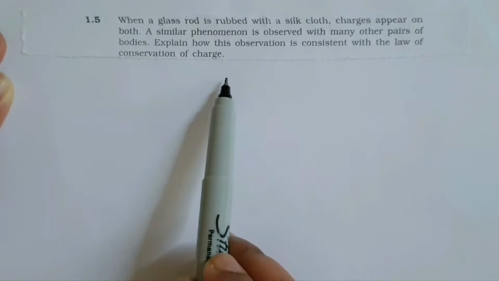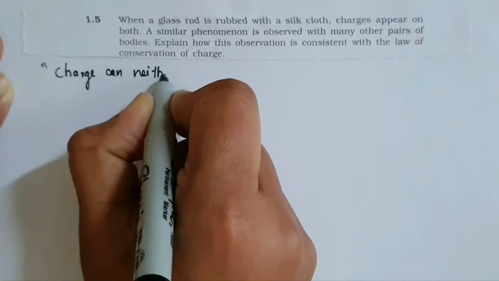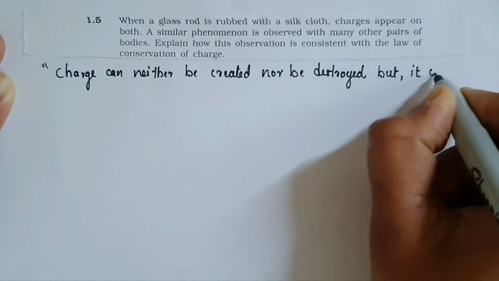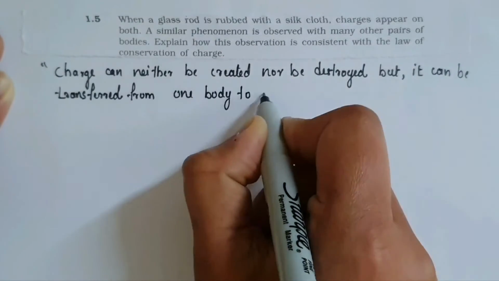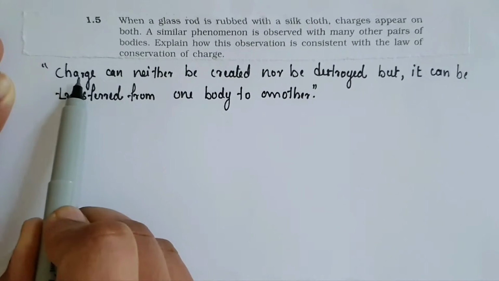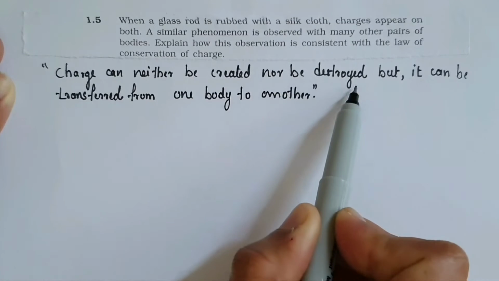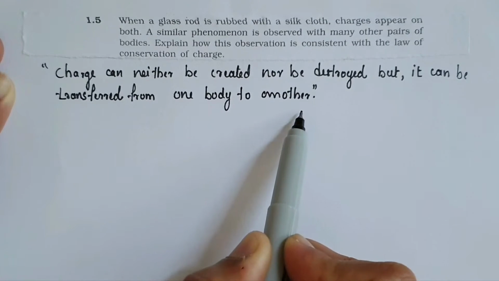Now, what is the law of conservation of charge? The law of conservation of charge states that charges can neither be created nor be destroyed, but can be transferred from one body to another.